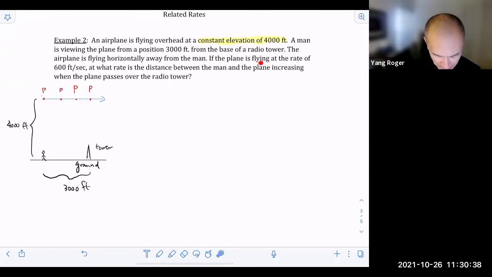If the plane is flying at a rate of 600 feet per second, at this point, I think I need to introduce some variables. But let me keep reading the question first. At what rate is the distance between the man and the plane increasing when the plane passes over the radio tower?